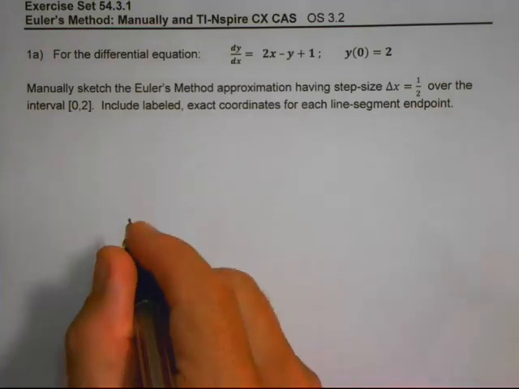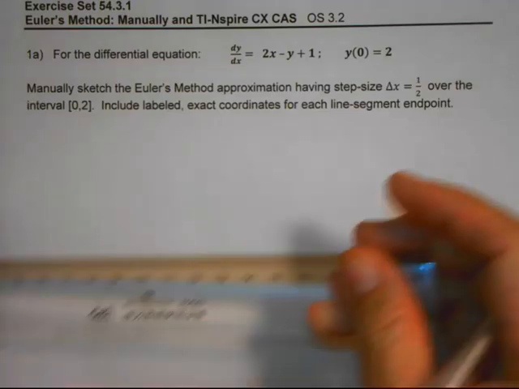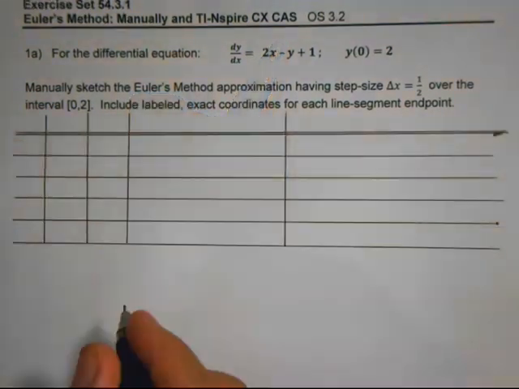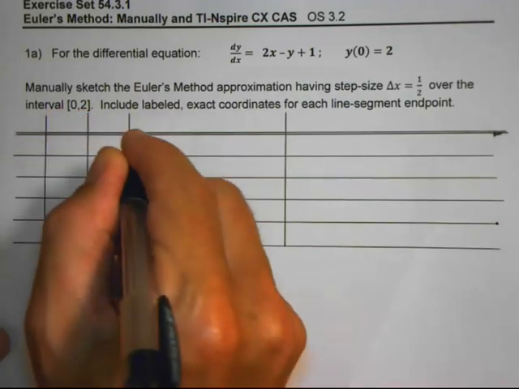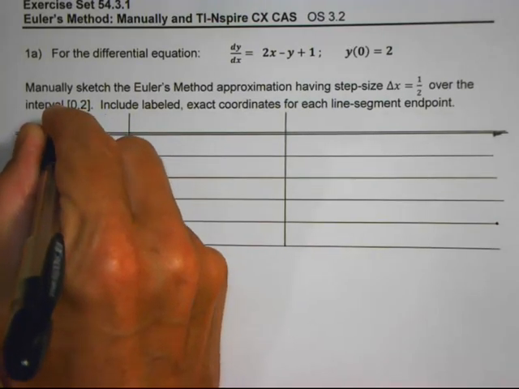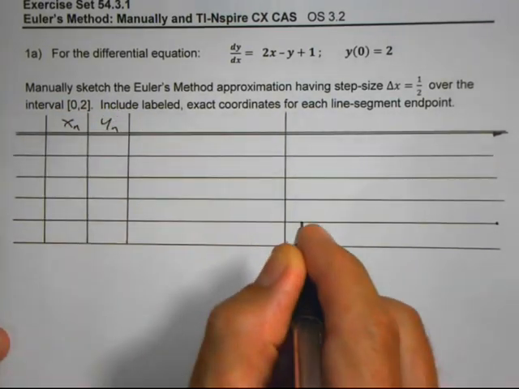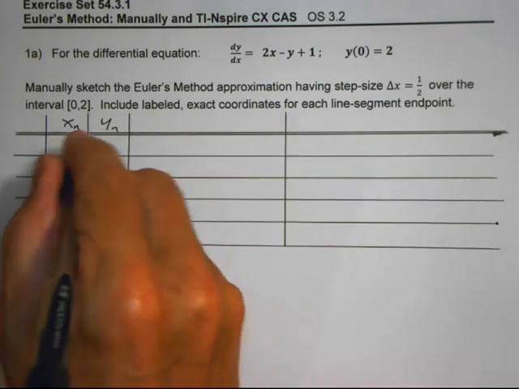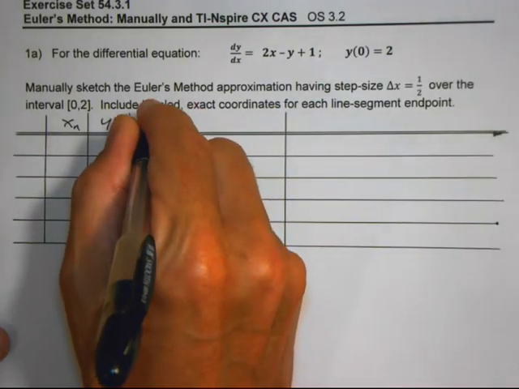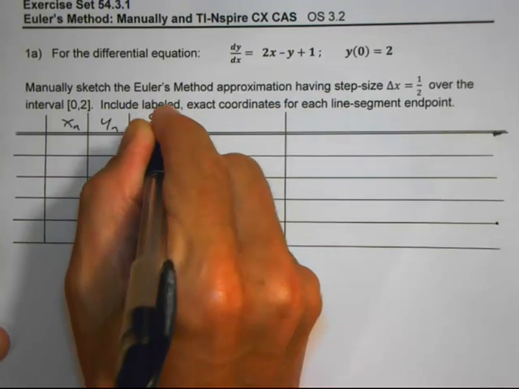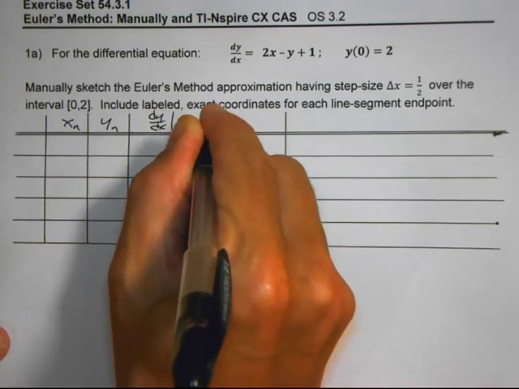Okay, I think setting up a table would probably make this easiest. Alright, so I want to keep track of these important points, endpoints and line segments, calculate them. And so we have here an x sub n and a y sub n. And then when we have a point, we need to decide which direction to go. So then we'll also need to be calculating dy dx evaluated at x sub n, y sub n.